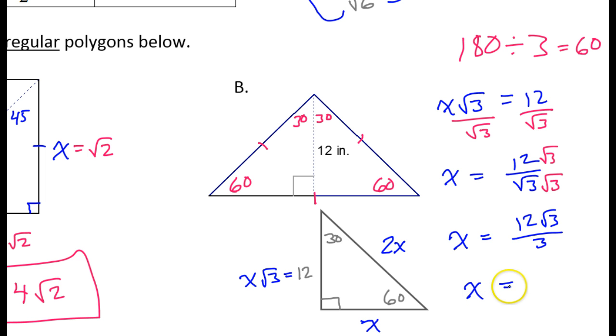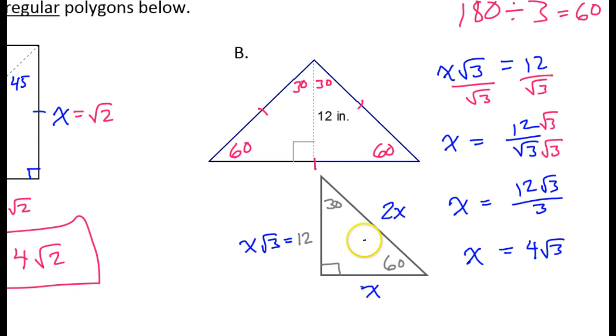So that's going to give me 4 radical 3. Now, understand this. 4 radical 3 is just this side of the triangle right here. Understand that that's just half of the side. Okay, so this is my 4 radical 3, like right here.